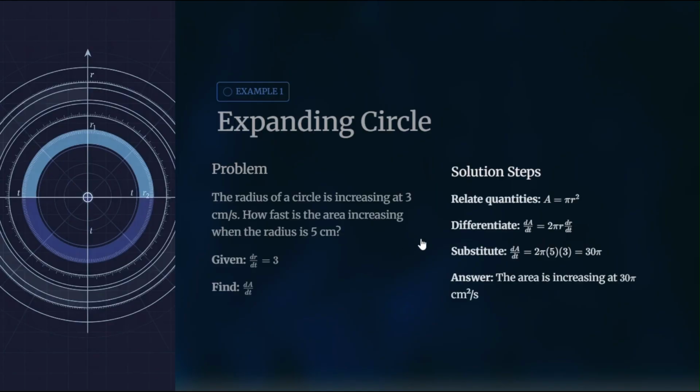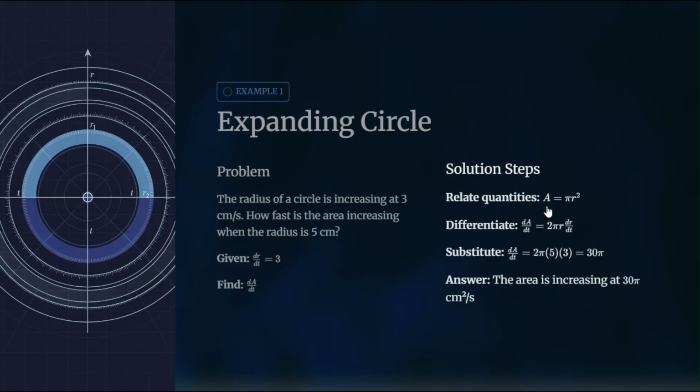Now, the formula for the area of a circle is A equals pi r squared. We can differentiate that with respect to t. So that will become dA/dt is equal to pi times the derivative of r squared, which is 2r times dr/dt.